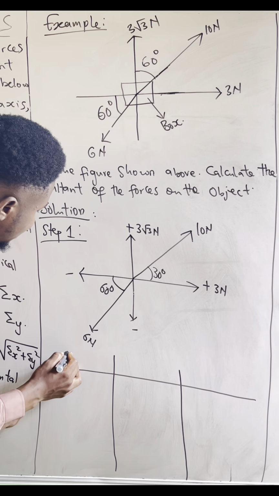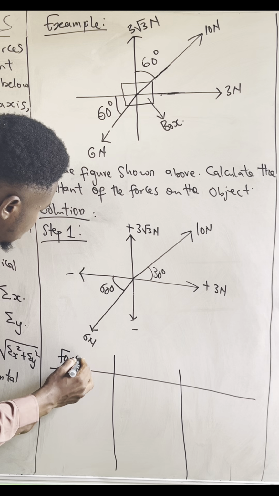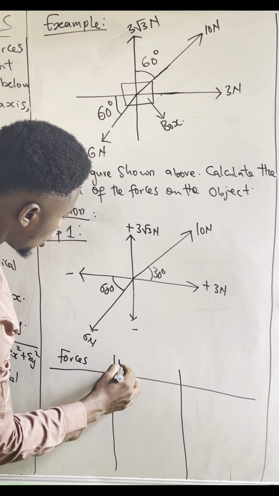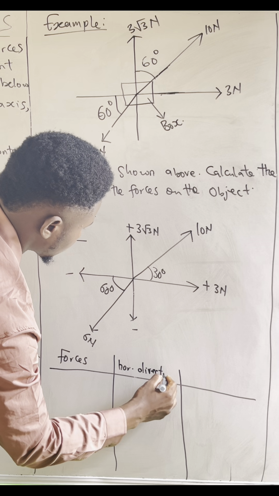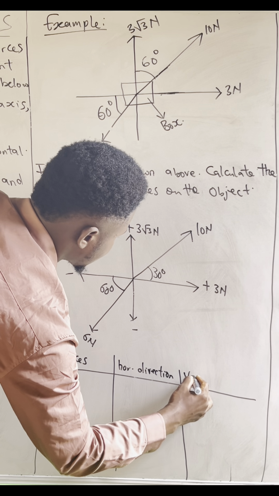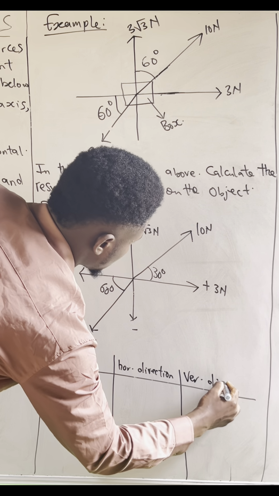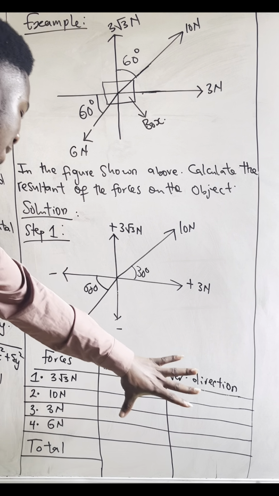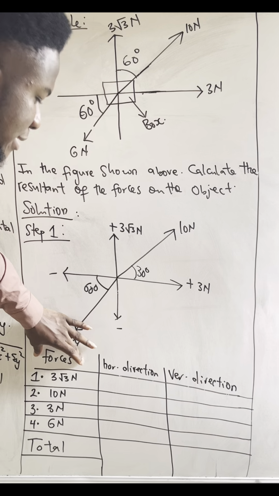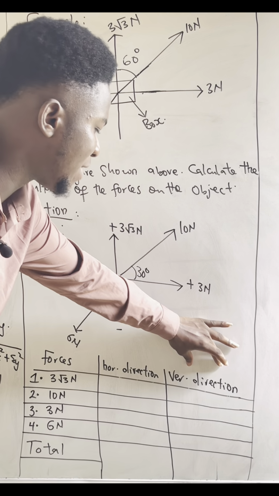So we are going to say this is forces, this is horizontal direction, vertical direction. We are going to draw the table like this. We are going to write out the forces, horizontal direction, vertical direction.